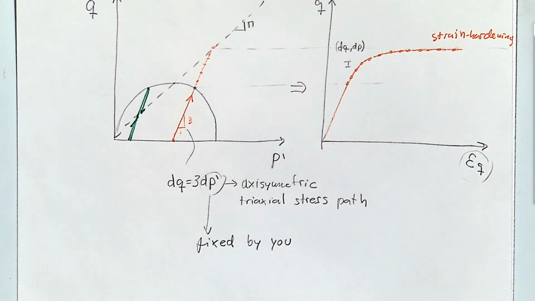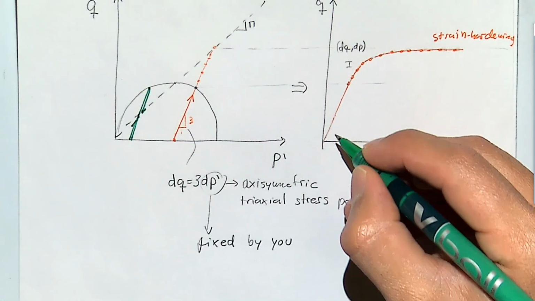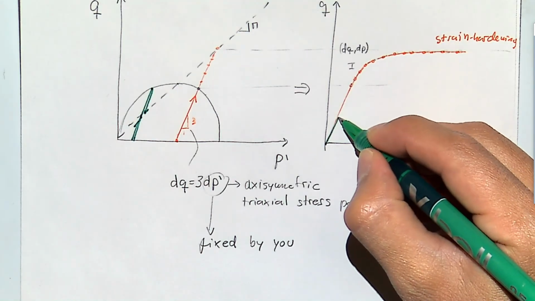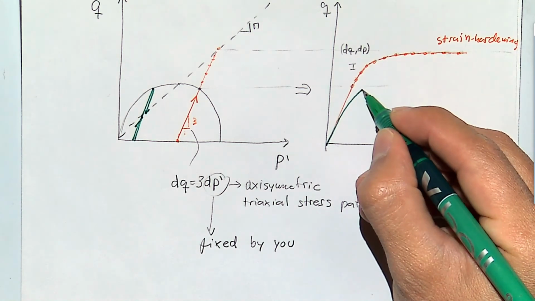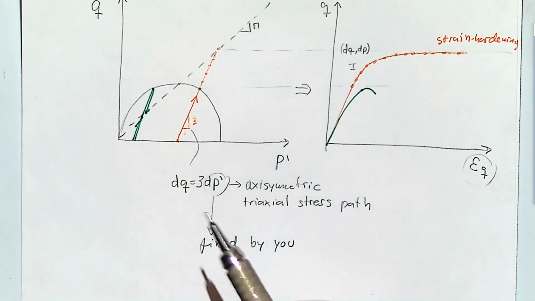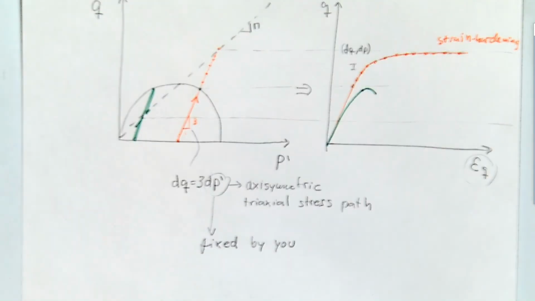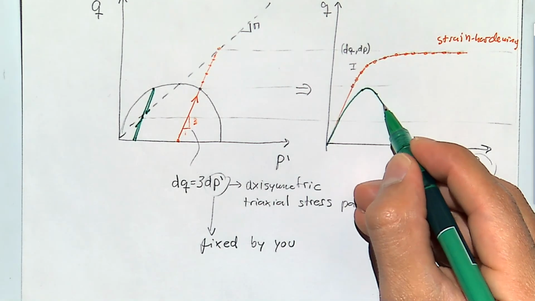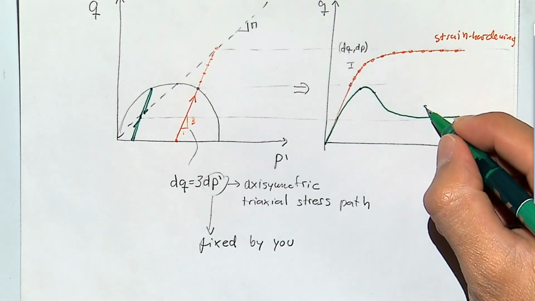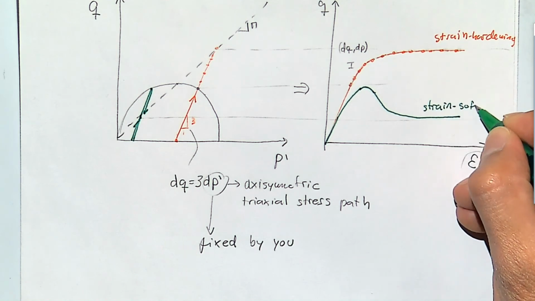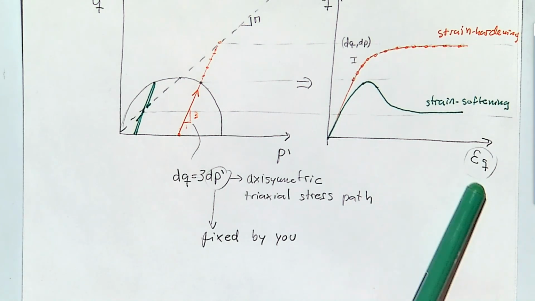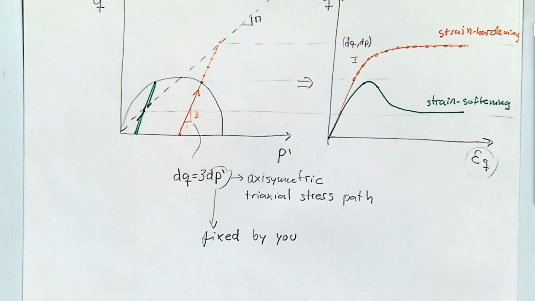Up to this point these are going to be the same, but then this one will start dilating, will reach a peak, and will eventually go into an asymptotic value of Q. And this one is called, again, strain softening, because as you apply more strain, it gets softer, or the stress gets reduced.